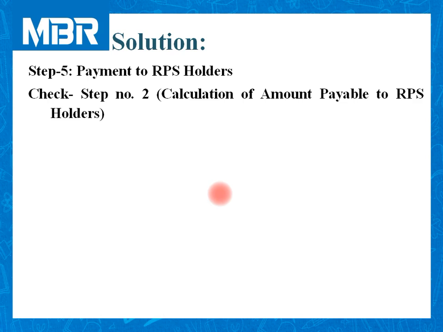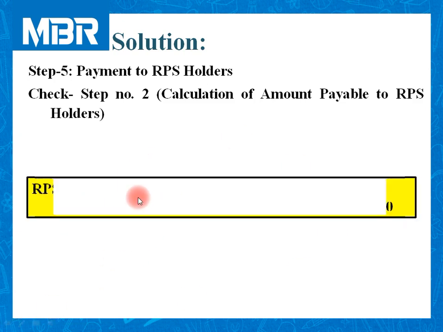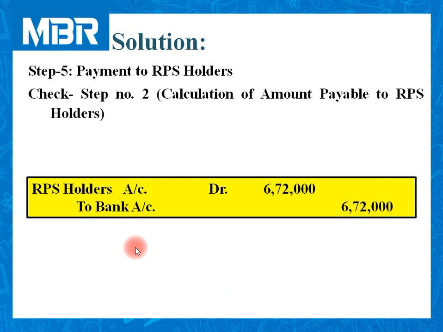In step number 2, we have completed calculation of amount payable to RPS holders, and the figure is 6,72,000. So journal entry for this payment: RPS holders account debited 6,72,000 to bank account 6,72,000.